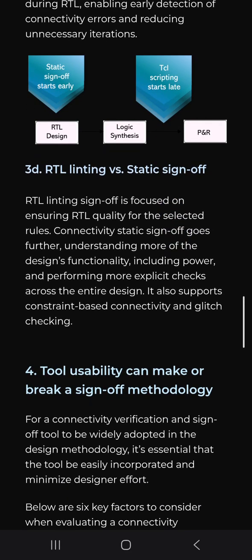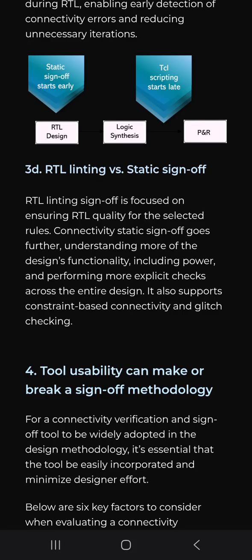3D. RTL linting versus static sign-off. RTL linting is focused on ensuring RTL quality for the selected rules. Connectivity static sign-off goes further, understanding more of the design functionality, including power, and performing more explicit checks across the entire design.